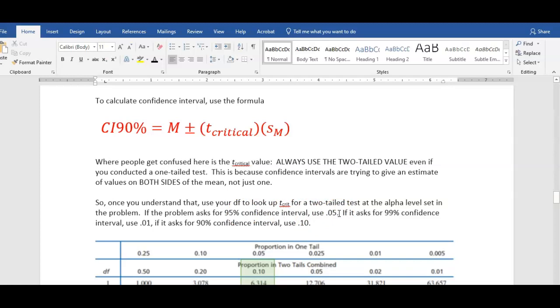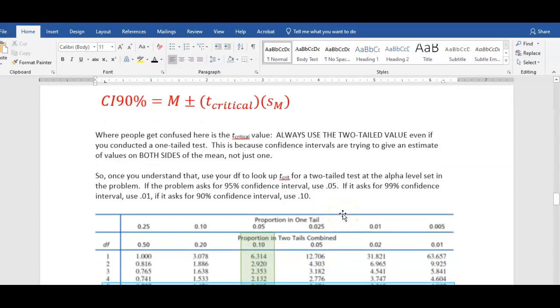If it asks for 99%, use alpha at 0.01. And if it asks for a 90% confidence interval, like this problem, use alpha at 0.10. So the biggest tip I could give is to separate the confidence interval from your hypothesis test above.